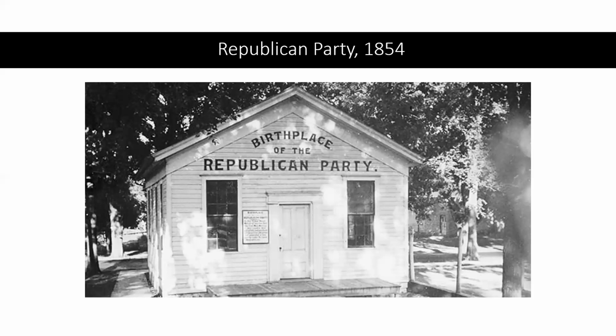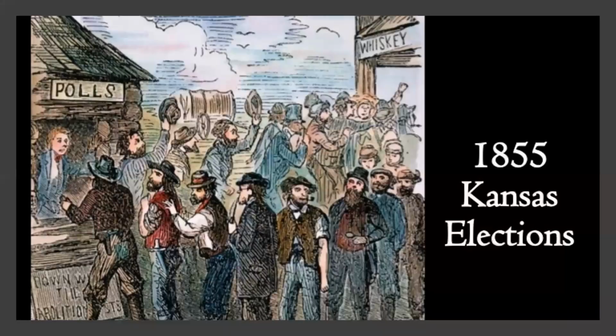Settlers from the North landed in Kansas, but on election day in 1855, nearby Missourians flooded across the border to vote in support of the pro-slavery candidates for the territorial legislature.